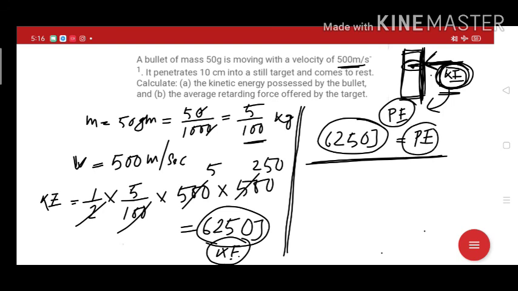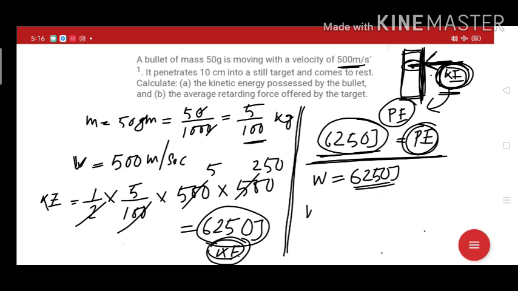So here the total kinetic energy changes into potential energy, and that is 6250 joule. So can we say that work done over here is exactly equal to the energy, and that is 6250 joule.